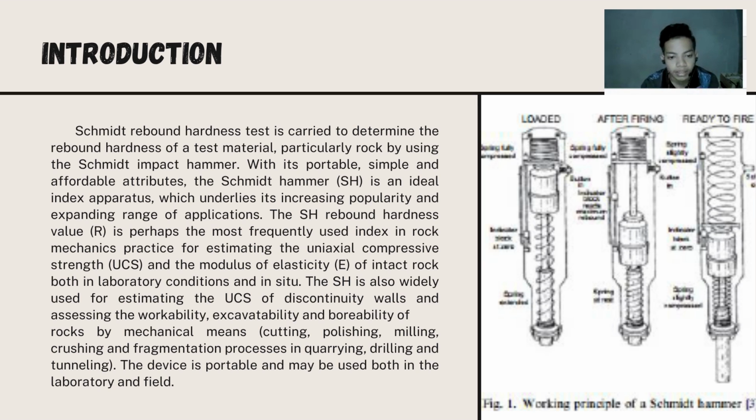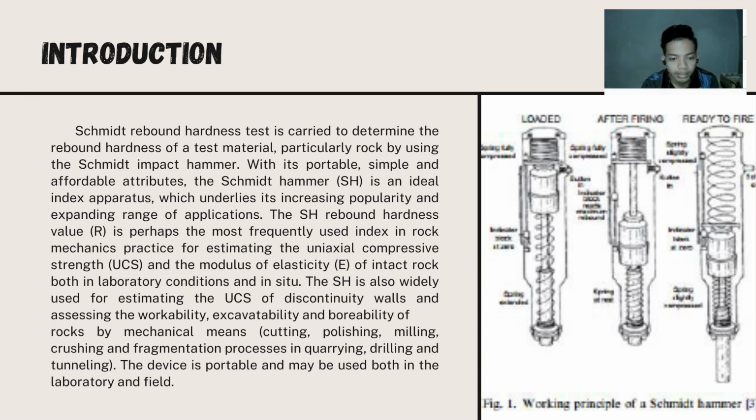The SH is also widely used for estimating the UCS of discontinuity walls and assessing the workability, excavatability, and borability of rock by mechanical means: cutting, polishing, milling, crushing, and fragmentation processes in quarrying, drilling, and tunneling. The device is portable and may be used both in the laboratory and field.